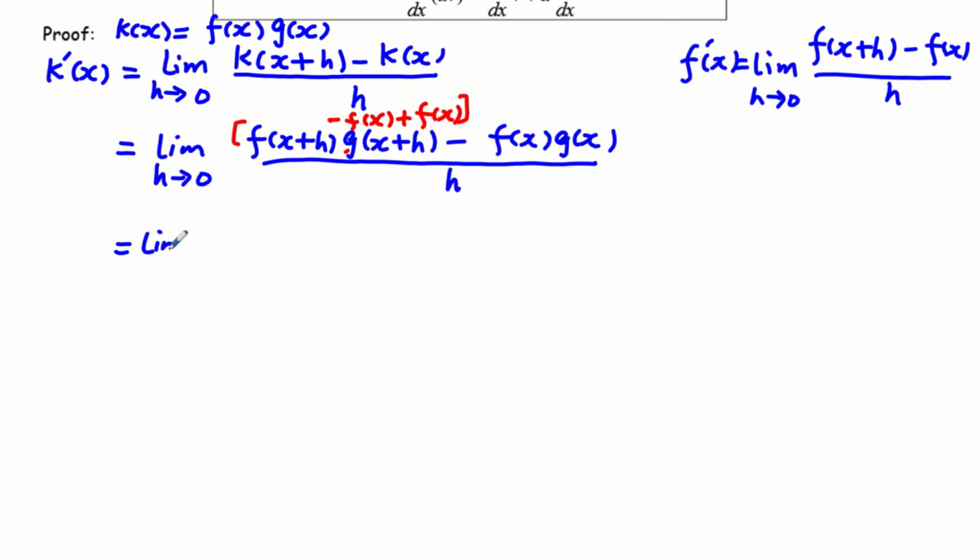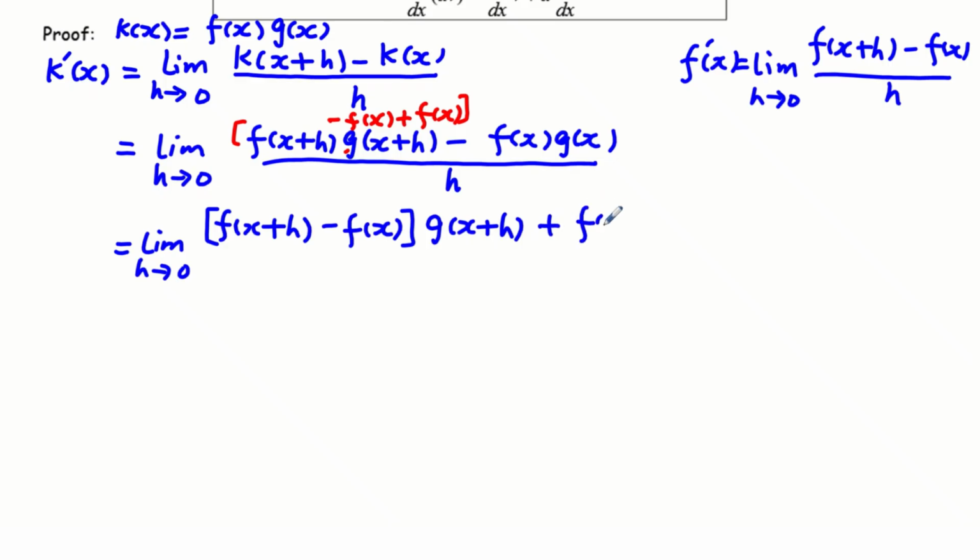The limiting value when h approaches 0, we have f of x plus h. We are going to just keep the f minus f of x here. Then we times g of x plus h. And don't forget we have plus f of x here, so we are going to plus f of x, then g of x plus h.